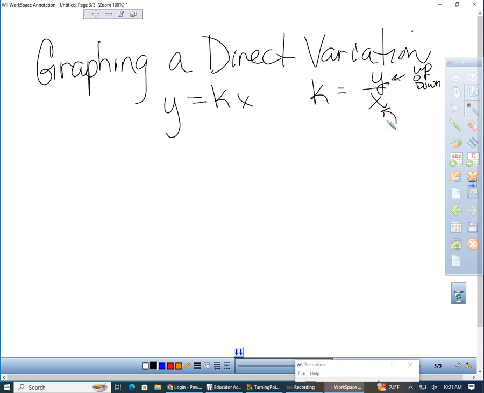The x on the bottom goes side to side, right or left. So now, here are our steps for graphing a direct variation. Step 1, remember one of the special things I told you at the very beginning was that it always crosses through the origin. So the first thing you're going to do is start at the origin.